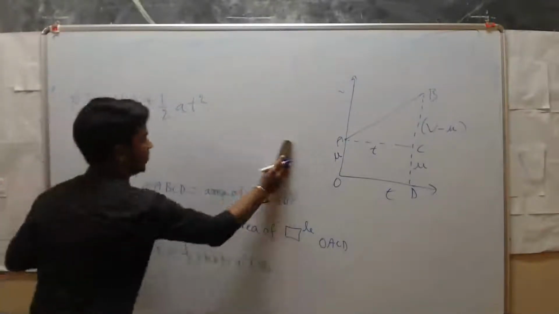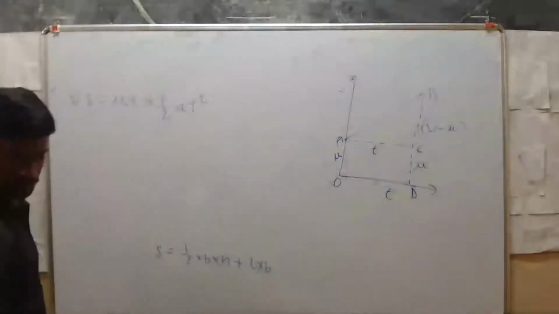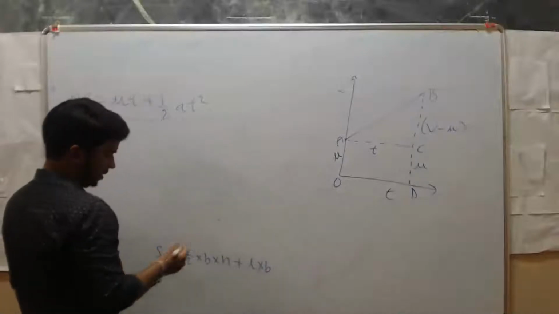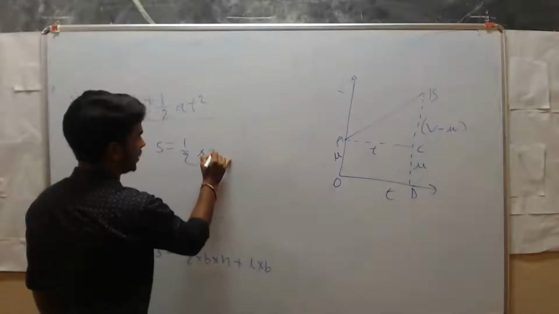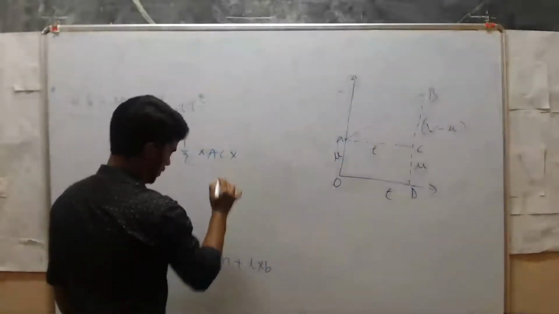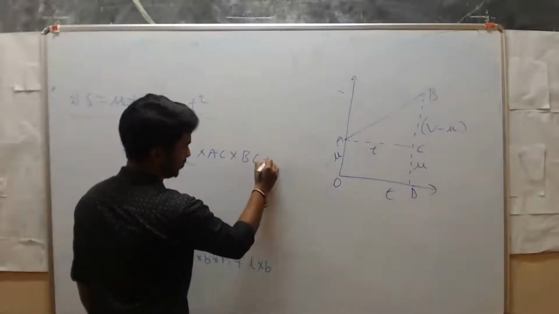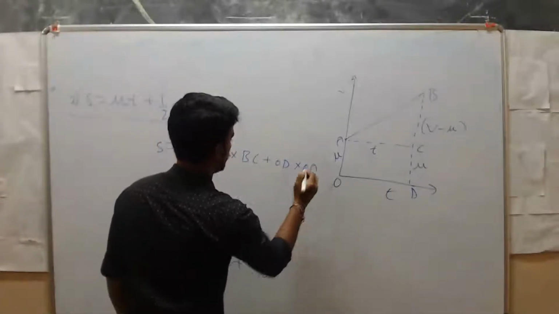Then s equals half into base, here base means AC, and height means BC, plus length is OD and breadth is OA.